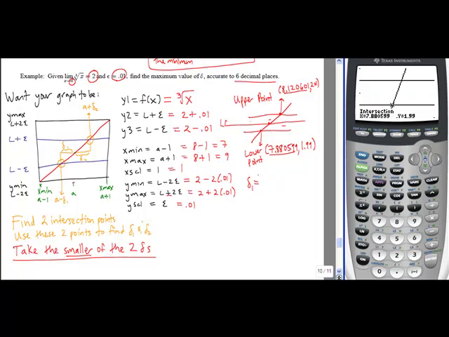So delta 1 is this horizontal distance from our center point, which we know is this limit value 8, and this intersection point over here, which was this 7.880599.